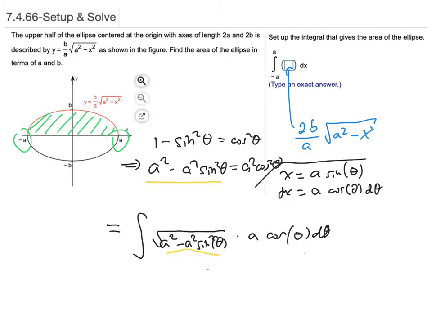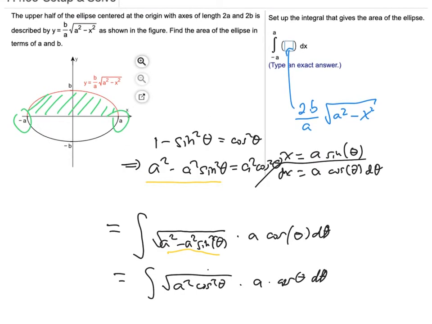So I can change this to be the integral of the square root of a squared cosine squared times a cosine theta d theta. As long as I know that a times cosine is positive, then I can just remove the square root sign and take the square root.